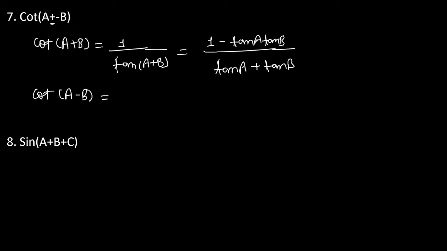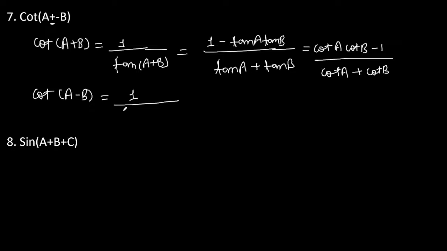And we have cot(A minus B). If you want to convert this into cot, divide the whole by tan A tan B. You will get (cot A cot B plus 1) upon (cot B minus cot A). This is simply 1 upon tan(A minus B).